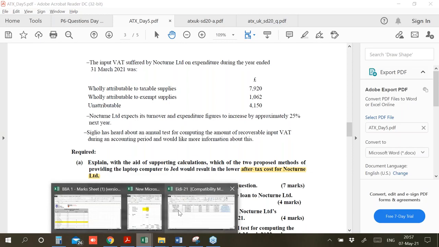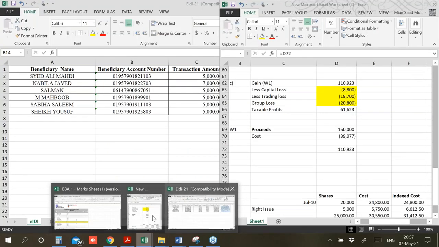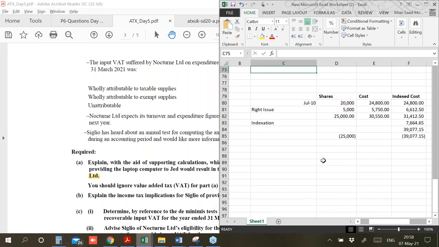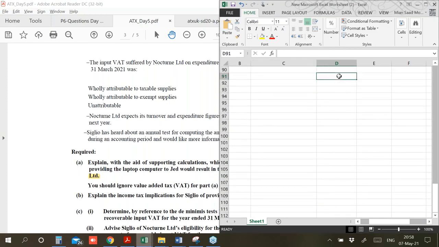I'll use the spreadsheet to show you quickly how you can present that. You can write option 1 on one side, option 2 on the other.